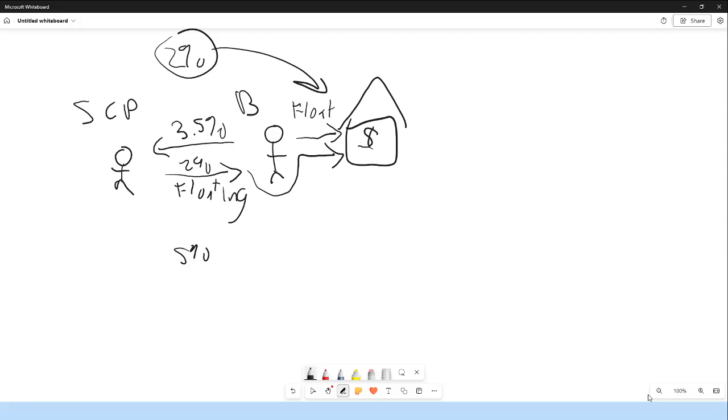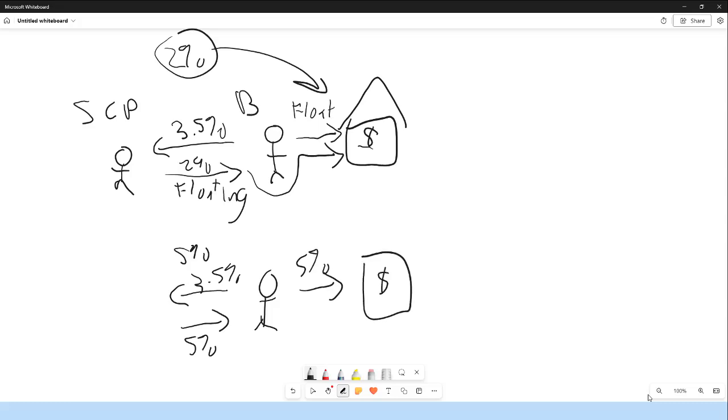But let's say the interest rates change to 5%. You are still paying this party 3.5% because that was what you agreed to when you first entered into this swap. But now they're paying you 5%. And you're able to pass that 5% to the bank, because you're getting it from this counterparty.